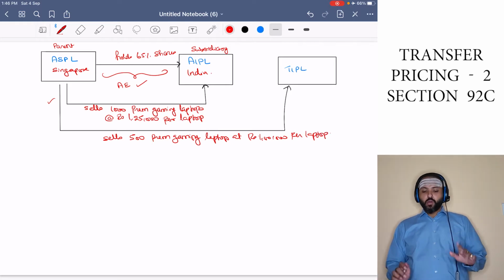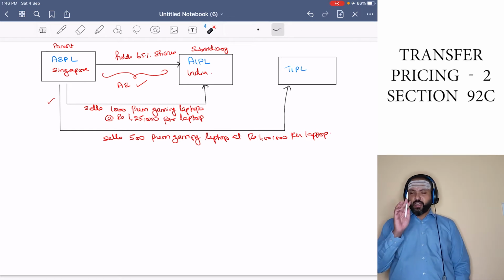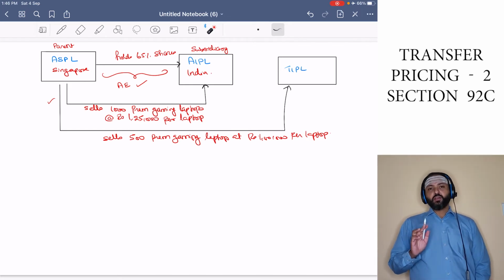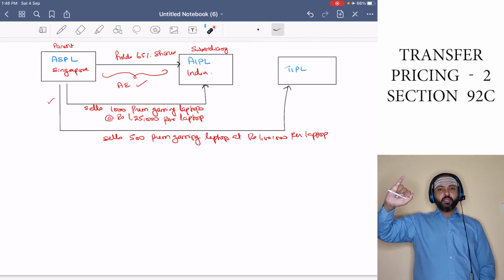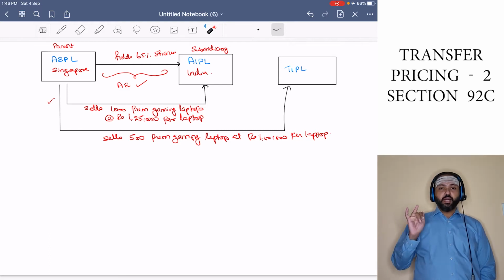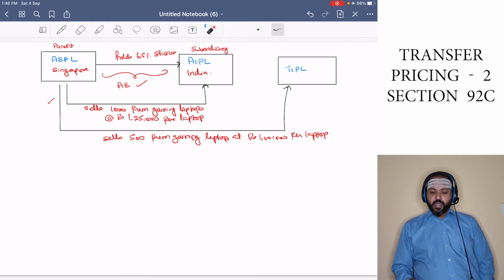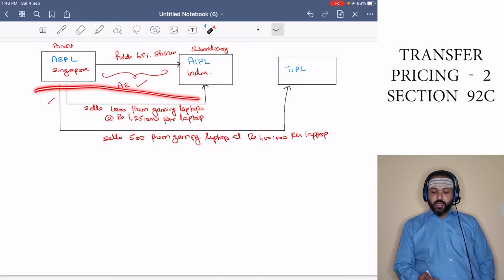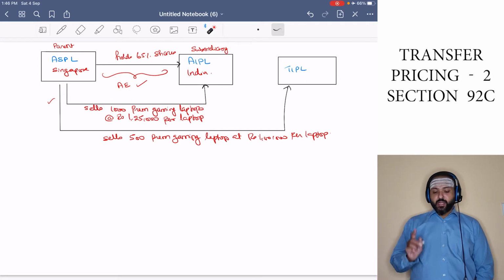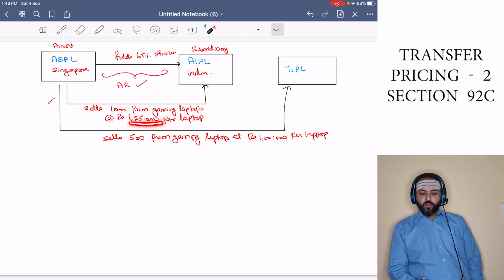Okay, now understand something. Whether transfer pricing should be applicable here. They are associated, there is an international transaction, but when we compare the transaction between the associated enterprises and the unrelated party, we understand that the price for this transaction has undergone a change.